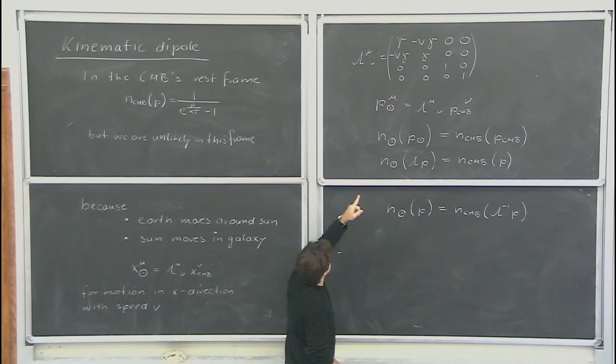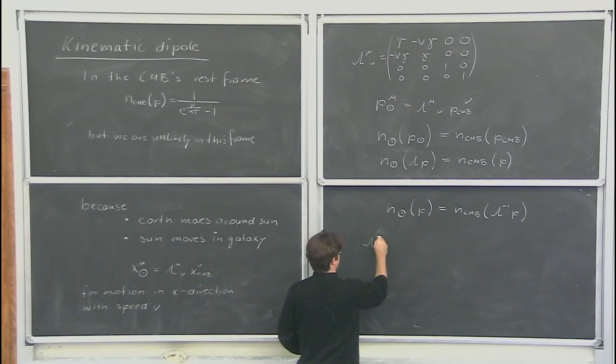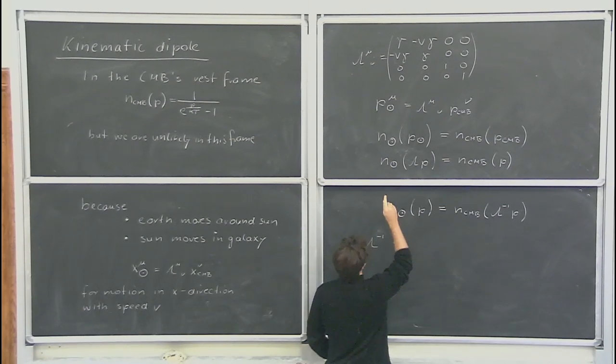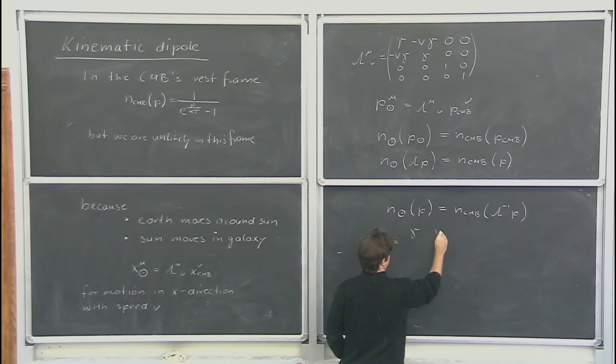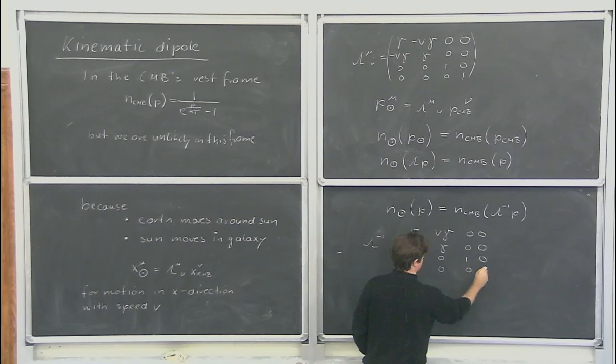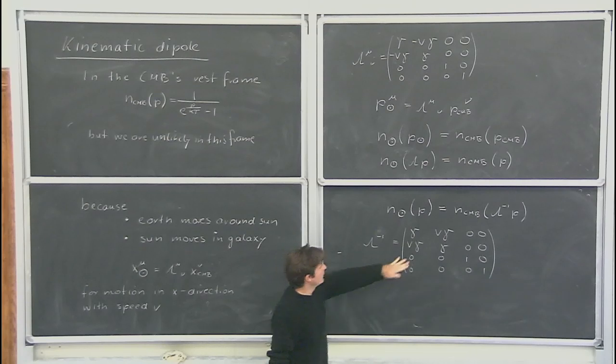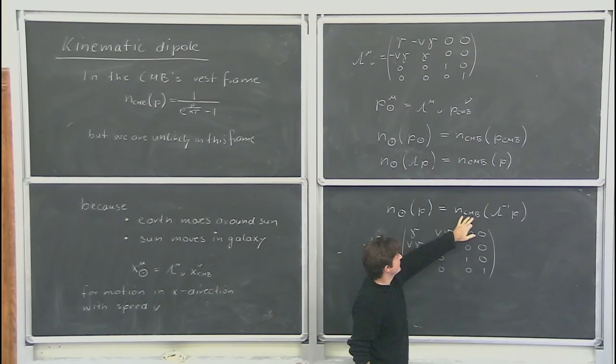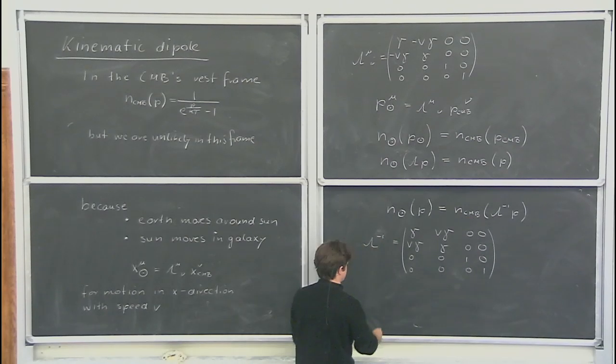And Λ inverse is just the same, but with plus v. So this is the Lorentz transformation, and we also know that the occupation numbers in the CMB frame only really depend on the energy, or the zeroth component.